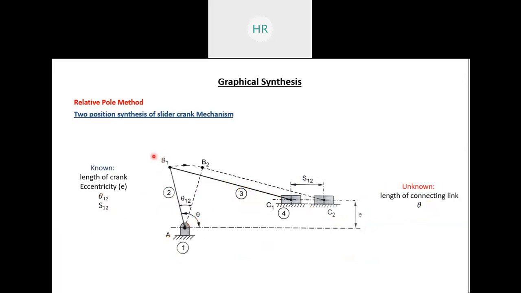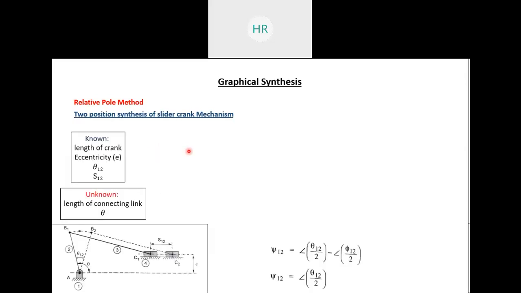So, how to proceed for synthesizing a mechanism for two position? These are the known things and unknown things, and our goal is to achieve this. What is this psi 12? Psi 12 is equal to theta 12 by 2 minus phi 12 by 2.